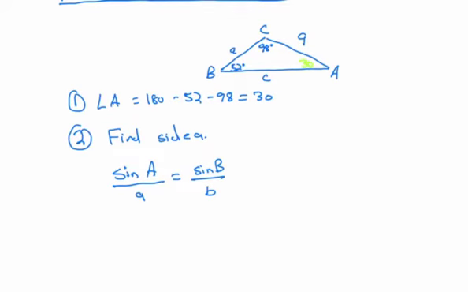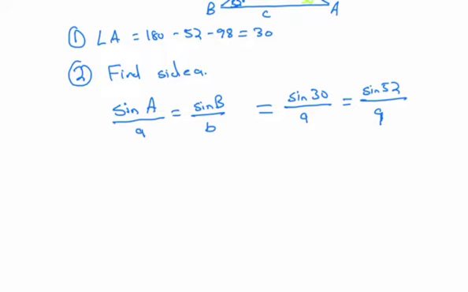So all of this I can fill in. I have everything except for this value. So I'm going to list the sine of 30, that's angle A, over side A, which is what I want to find. That is going to equal the sine of B, it's 52, over side B, which is 9. So at this point, I just need to algebraically solve for A. So I'm going to begin by cross multiplying.